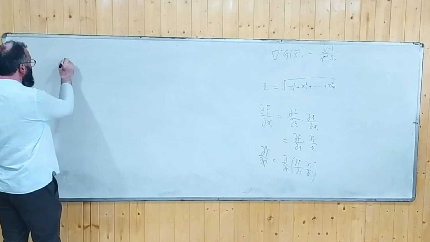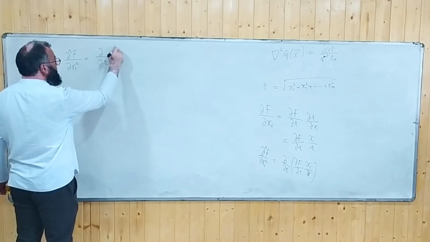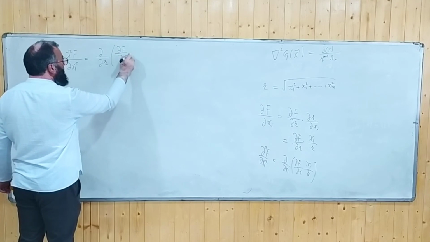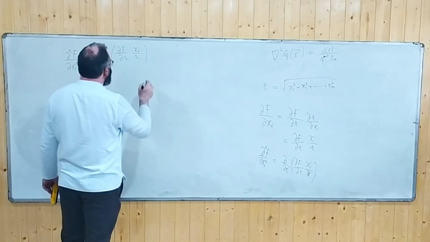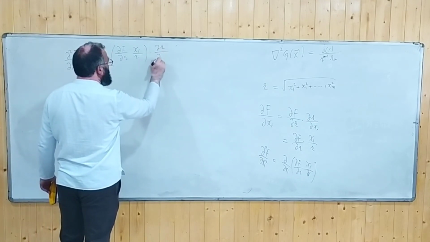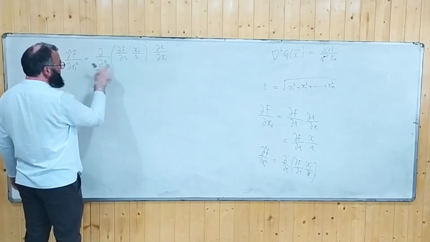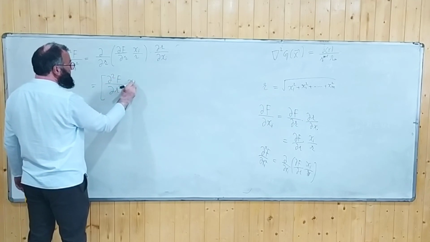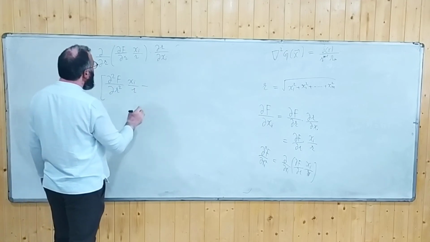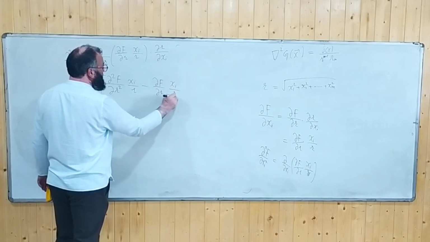Okay, so this partial 2f by partial xi squared is equal to partial by partial r of this object, partial f by partial r times xi by r, then you multiply by partial r by partial xi. Now let's operate it. It will be partial 2f by partial r squared times xi by r, then minus partial f by partial r times xi by r squared.